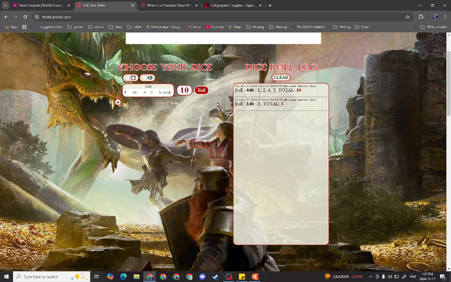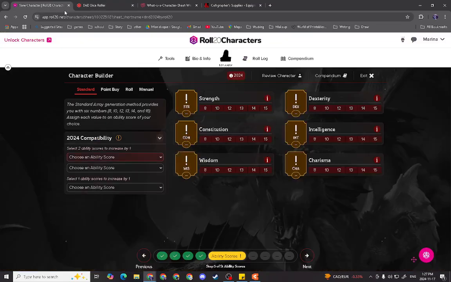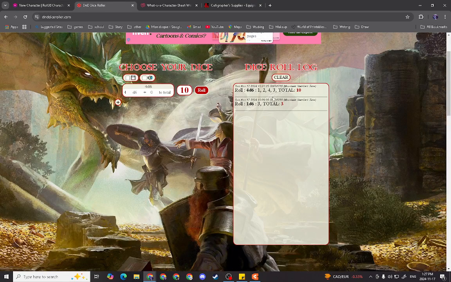And then you remove 1. Okay, I think I did this right. I clicked on roll, and it says roll 4D6, total 21.